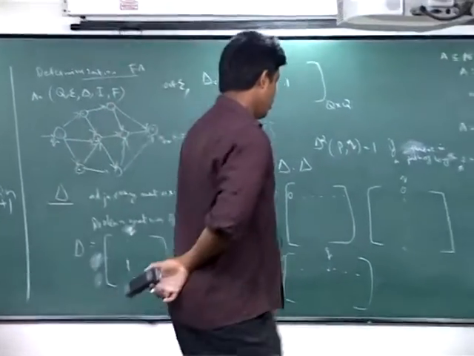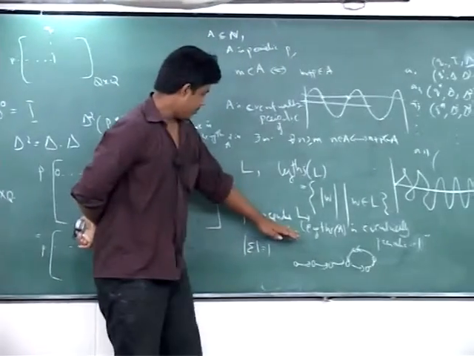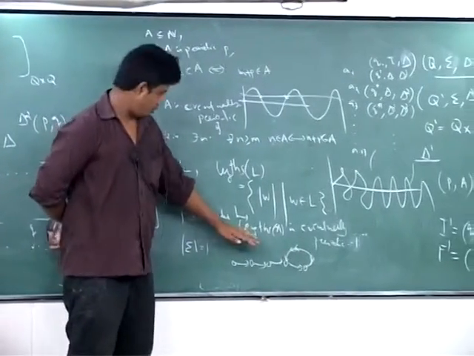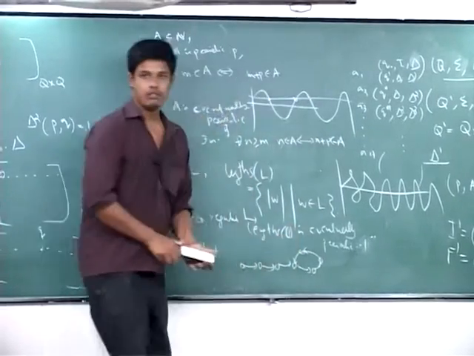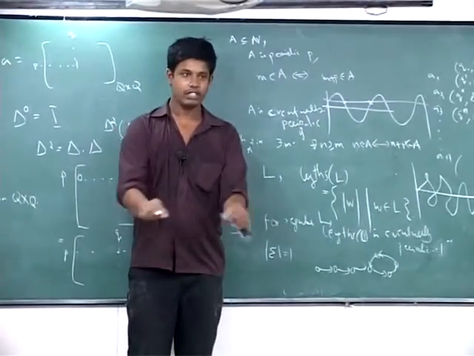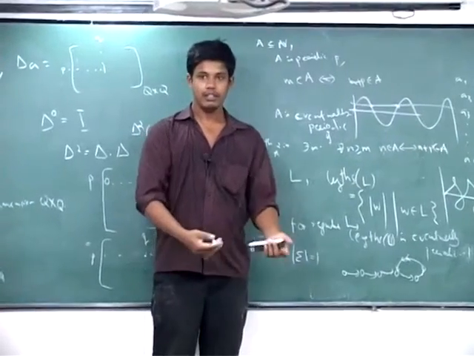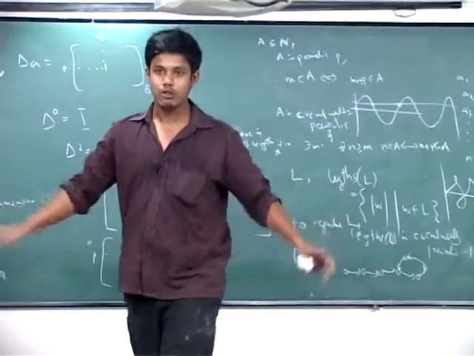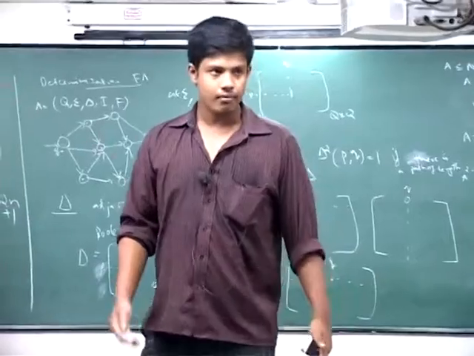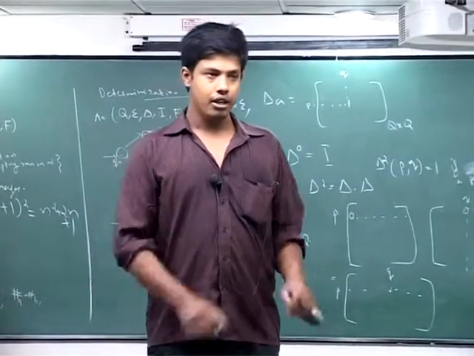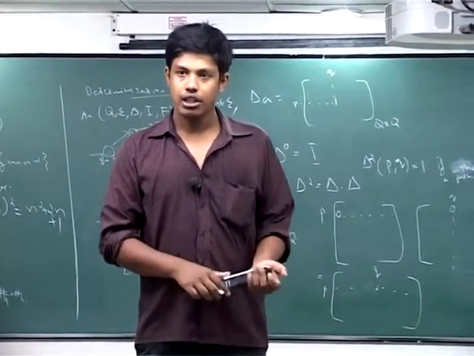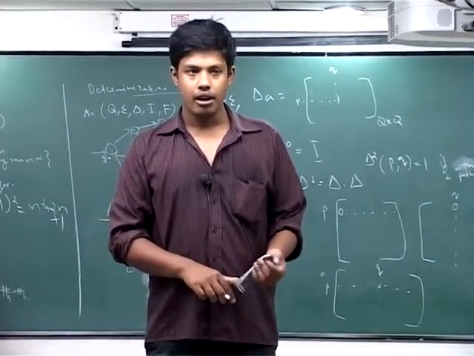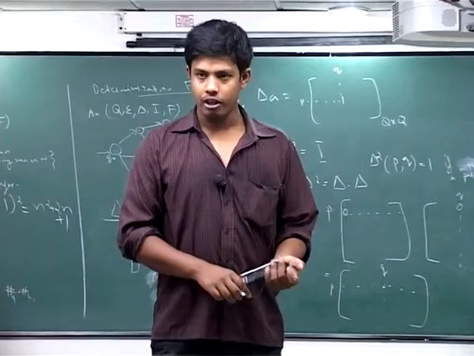No. I want to say that for every regular language L, you understood what is length of L. Length of L is the set of lengths of all the strings in that language. So for instance, A star, B star, the length will be the entire set. AA star will be even numbers. AAA star will be odd numbers.